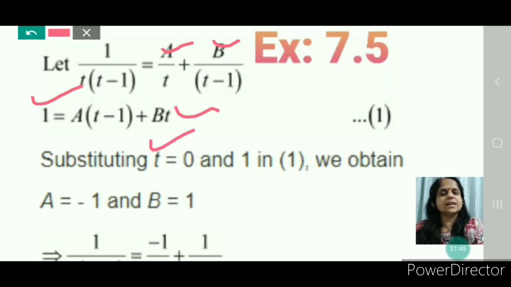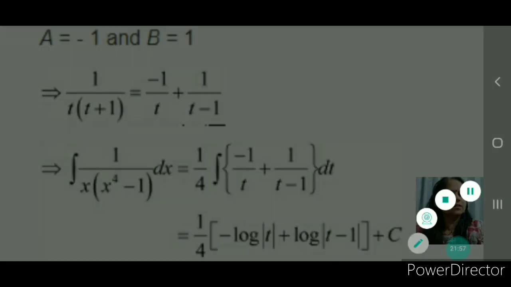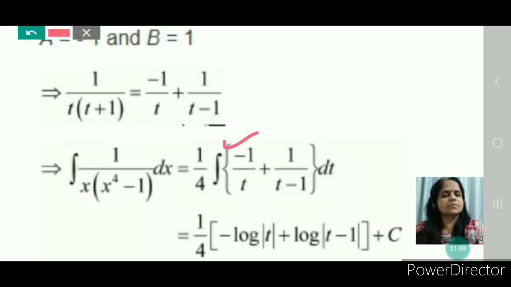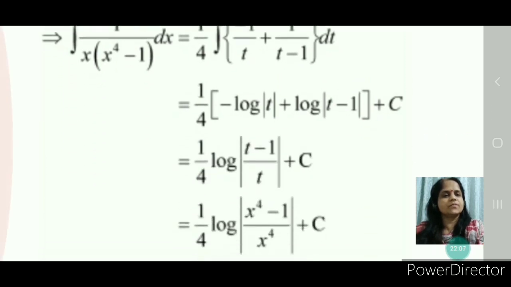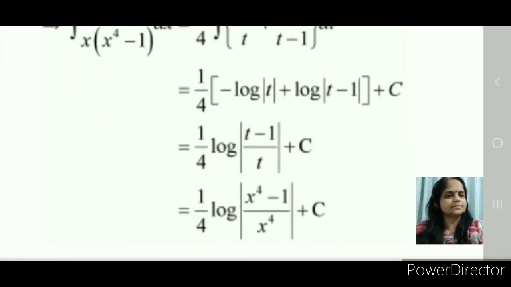So you will get a is equal to minus 1, and take t is equal to 1. So you will get b is equal to 1. Now substitute the values of a and b and get the integration. So from here you will get minus log mod of t plus log mod of t minus 1, and now substitute the value of t, you will get the answer.